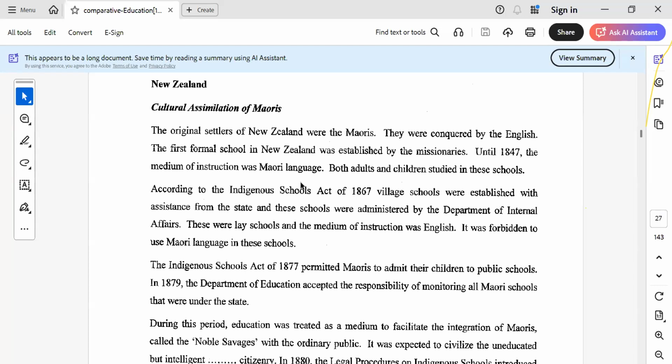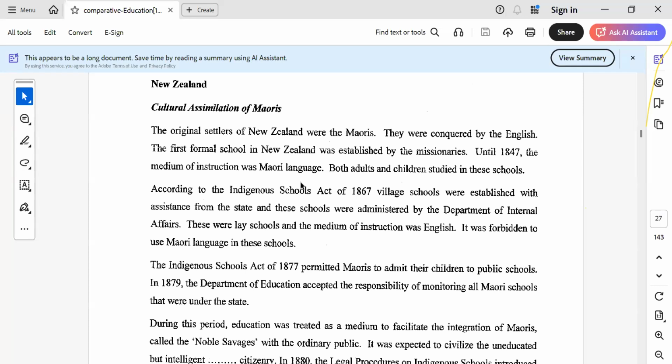So under the colonial system, the British also established missionary schools in Sri Lanka, right? Until 1847, the medium of instruction was the Maori language. Both adults and children studied in this school, right? So in the early stage, native language schools are there.